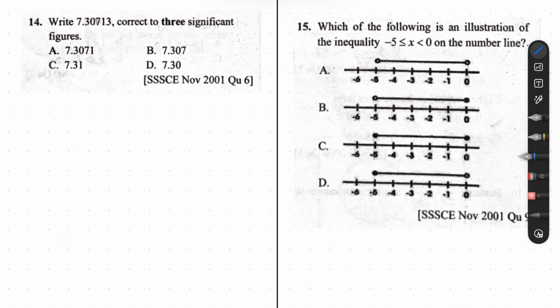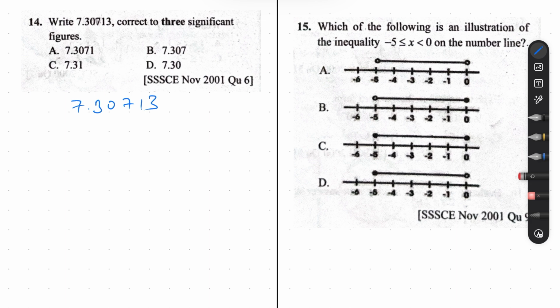So the first question says, write this number correct to three significant figures. So three significant figures from the left, 1, 2, 3. So it will be 7.30713.